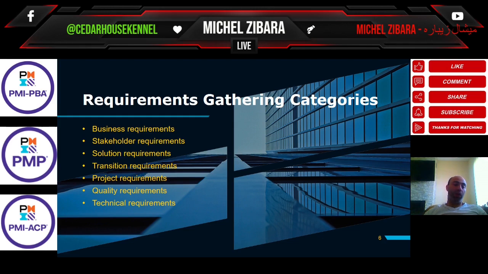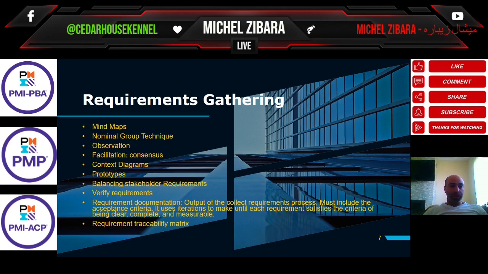You have the solution requirements, such as functional and non-functional requirements, transition requirements such as training, and project requirements related to scope, time, cost, quality, risk, customer satisfaction, quality requirements, and technical requirements. So you can use these categories as tools and techniques as part of the collect requirements process.